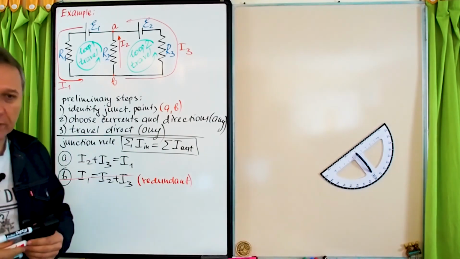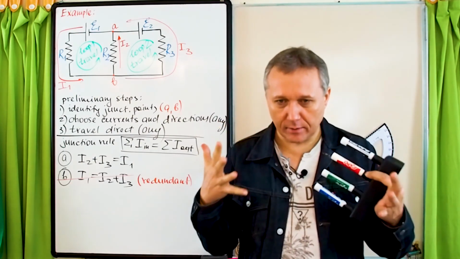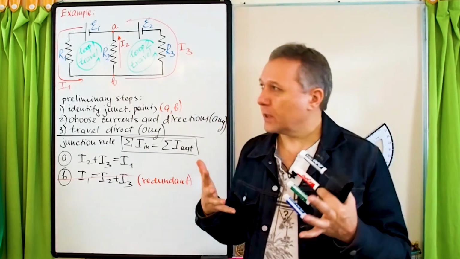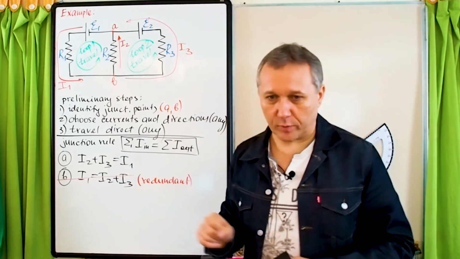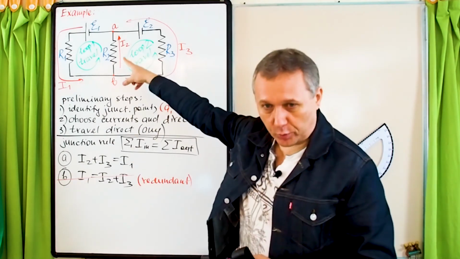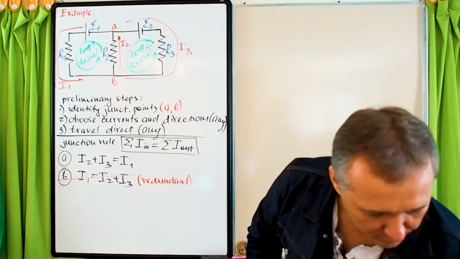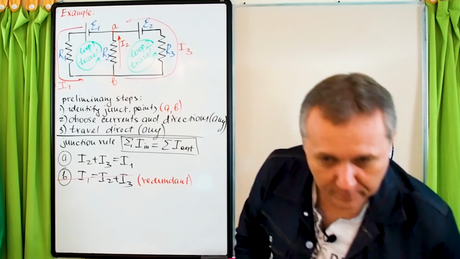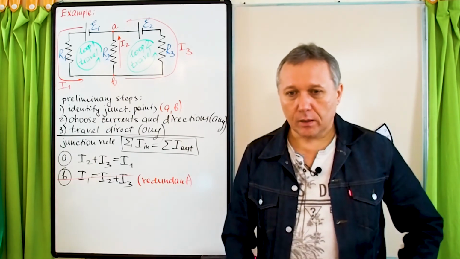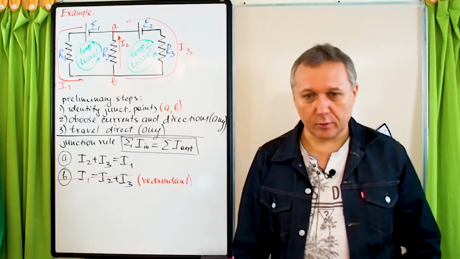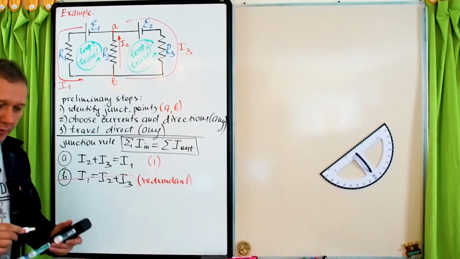And a rule in general, if your circuit has n junction points, then you will have only n minus 1 useful junction equations. In this case, n equals 2. And as a result, n minus 1, we have only one equation, right?